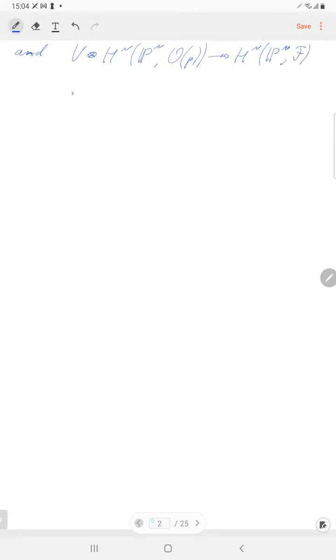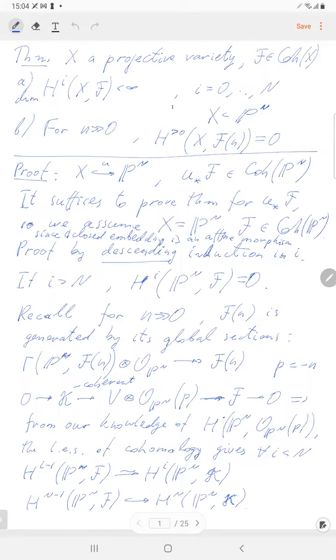Okay, well, let's have one last look at this short exact sequence and see that it gives rise to these three things: isomorphisms of cohomology in the middle, some embedding in the top and some surjection in the top. And now this is finite dimensional, and hence this dimension is also finite.